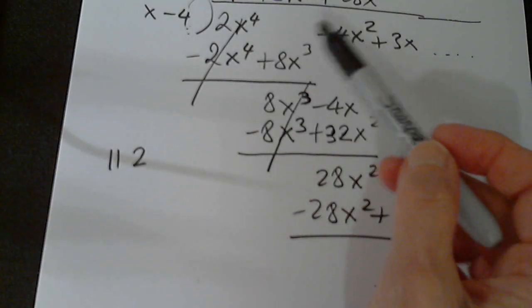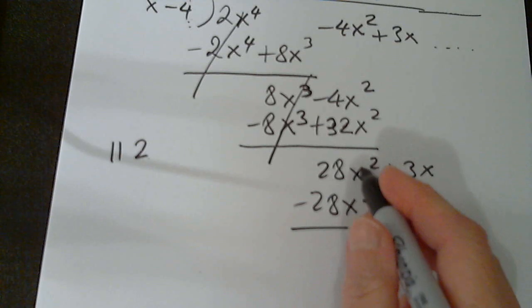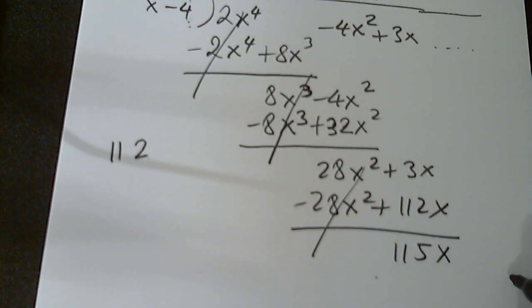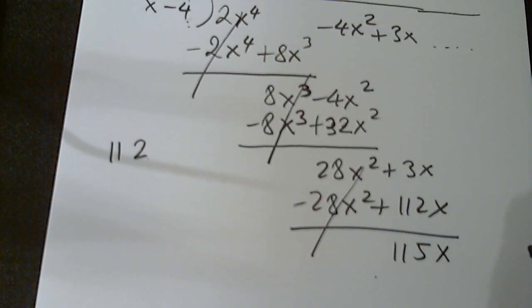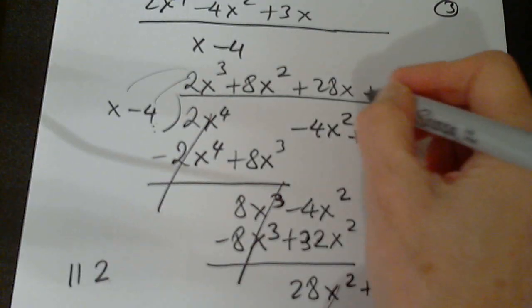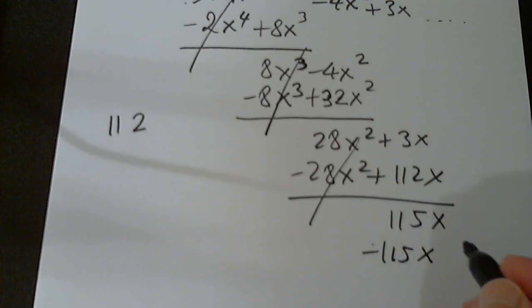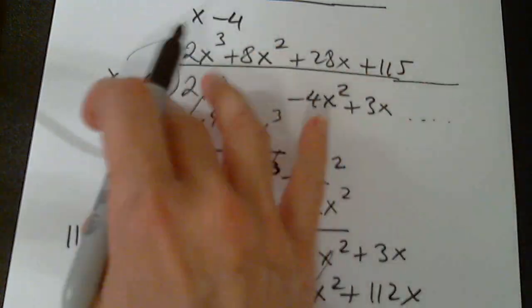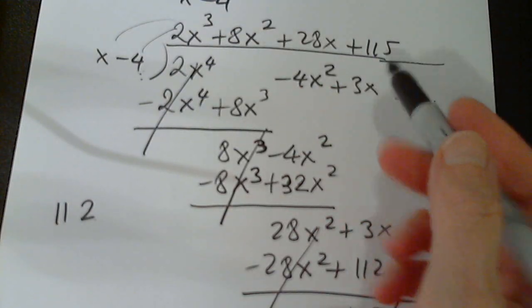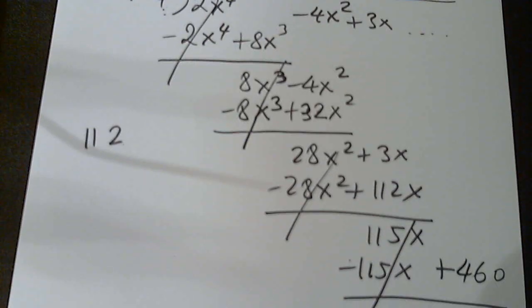But let me check again. 2 and 3, yes, that's correct. Good, this is gone. And this is 115x, and there is nothing else to bring in. If you want, you can put 0. So x times what is 115x? Okay, it's positive 115. Negative, so I have positive, I think it's 460.